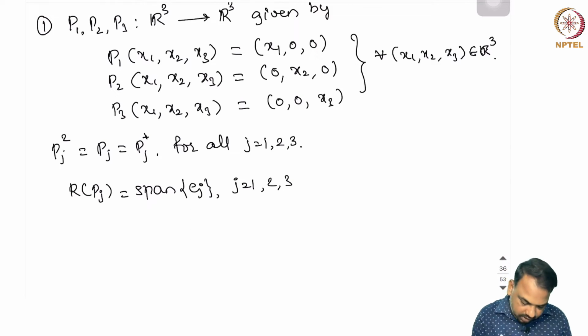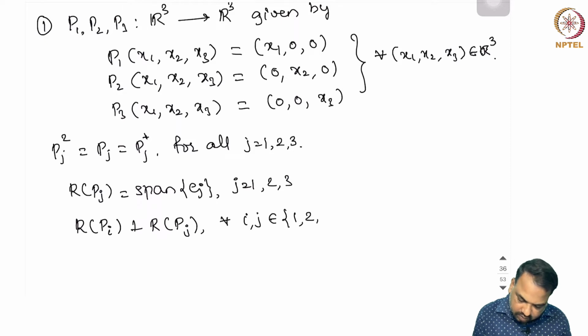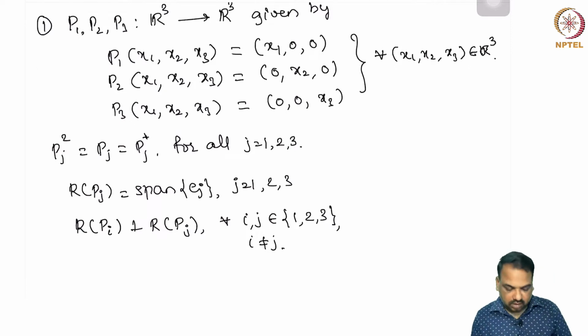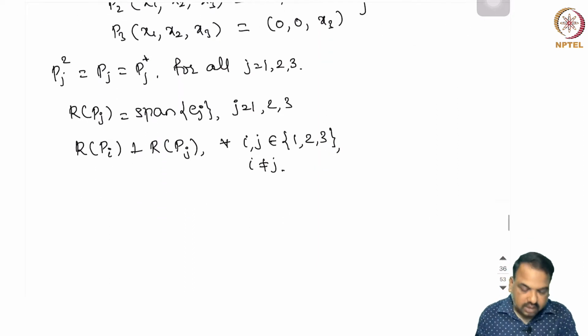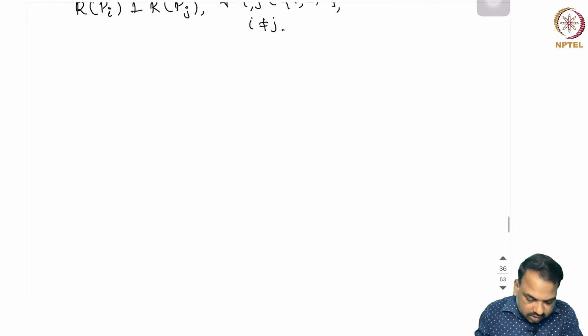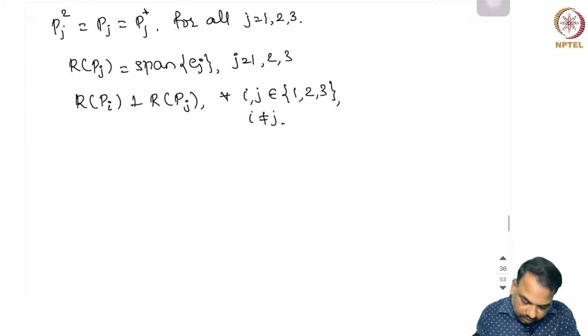And in this case, range of Pi is orthogonal to range of Pj for all i, j in the set 1, 2, 3 and i not equal to j. That means the ranges are mutually orthogonal for all these projections. Such projections we call mutually orthogonal projections.